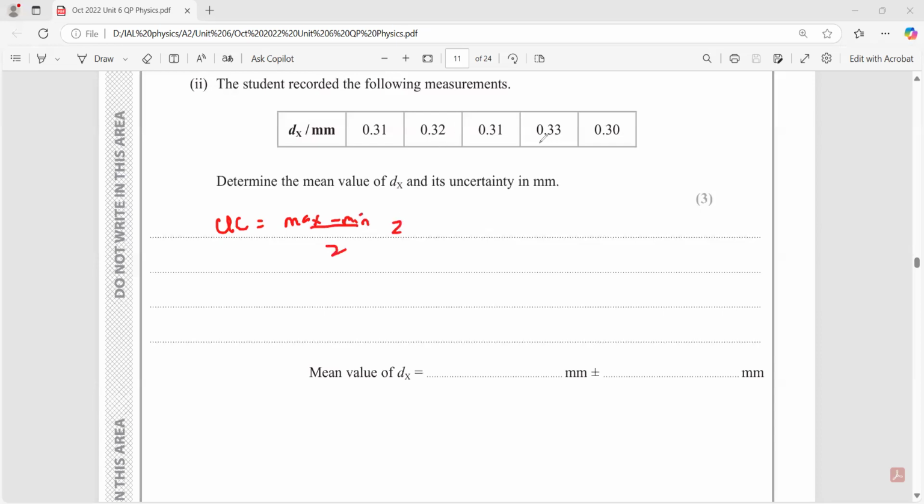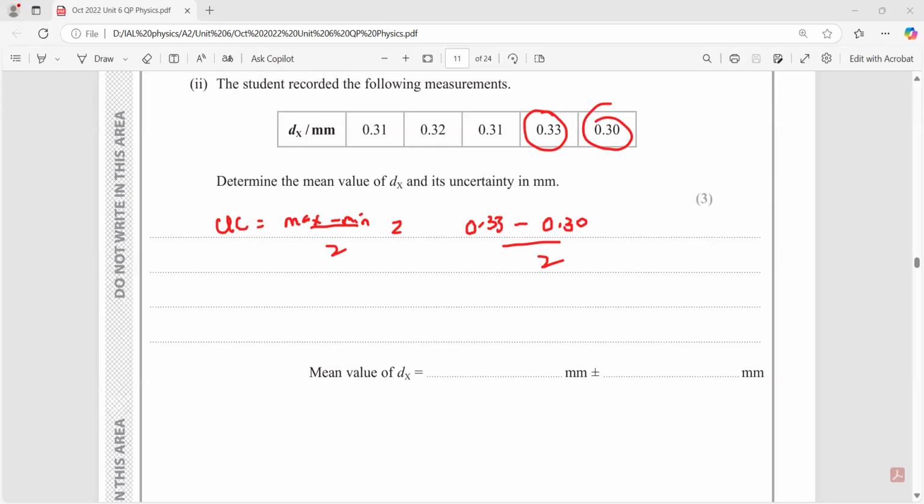The maximum value is 0.33, the minimum value is 0.30. So 0.33 minus 0.30 divided by 2 will give us the uncertainty in the measurement, which is equal to 0.015.